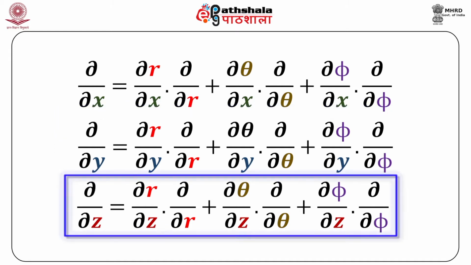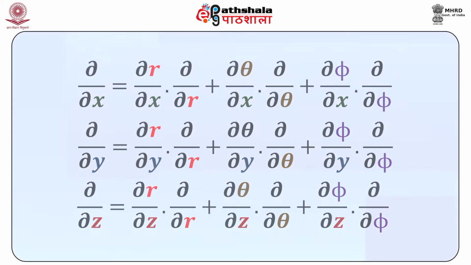Similarly, the expression for del by del z becomes equal to del r upon del z dot del by del r plus del theta upon del z dot del by del theta plus del phi upon del z dot del by del phi.